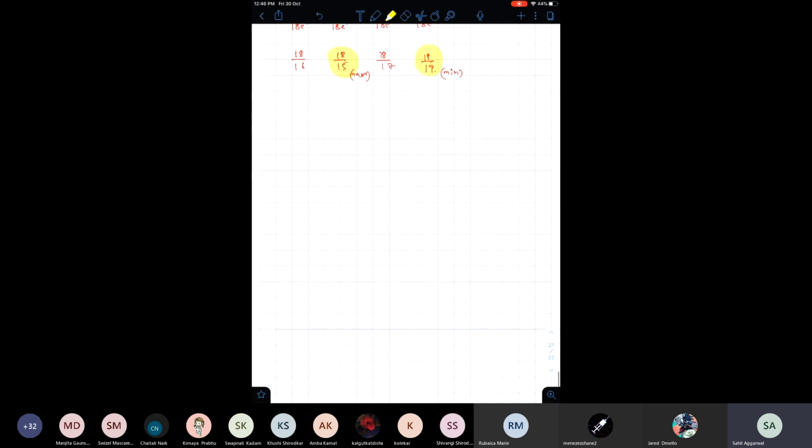Okay, let's see the trend. Trend for size. What is the trend? Top to bottom, size increases. Left to right, size decreases.